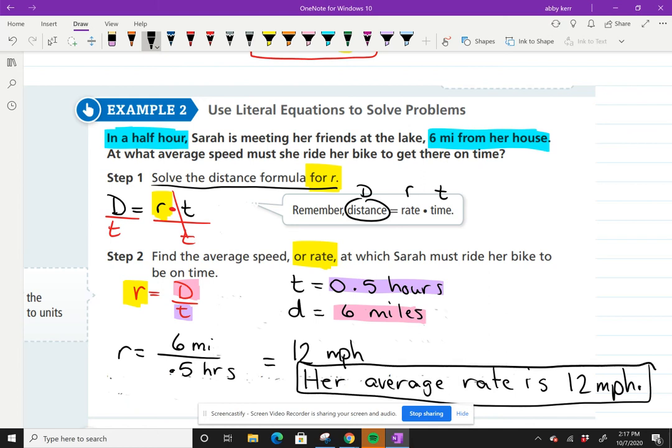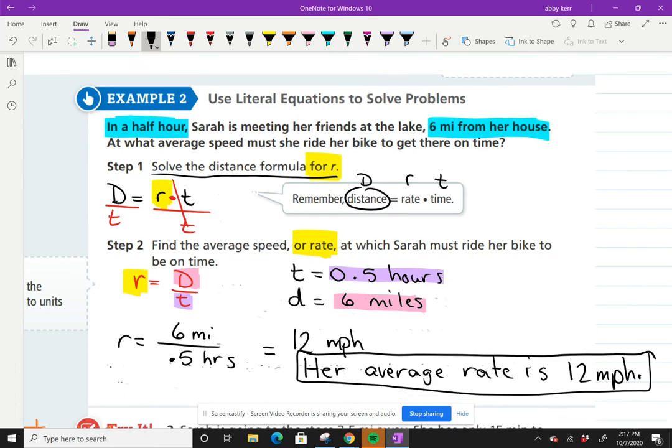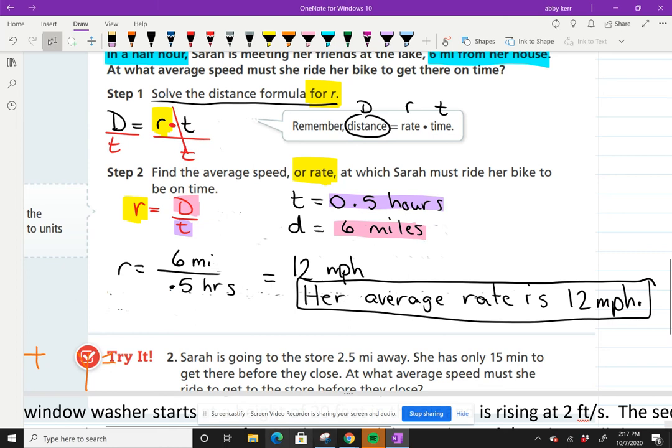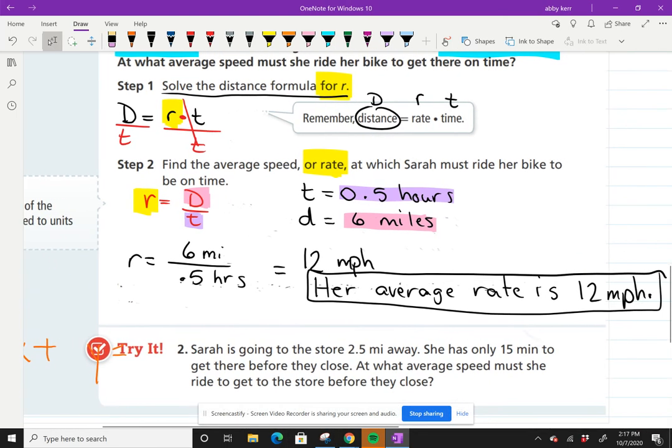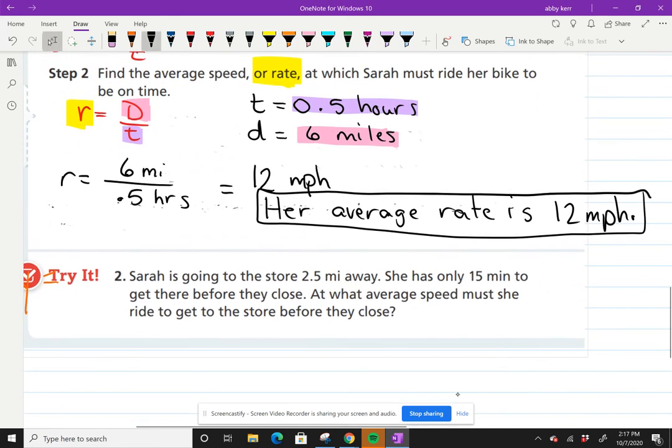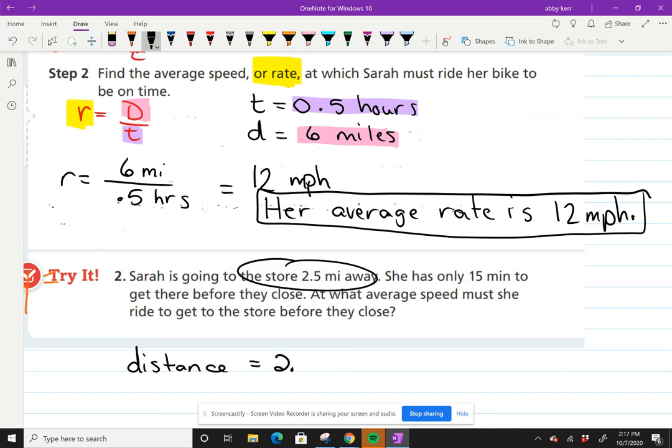Now in your turn, you're going to use the same formula. Sorry guys, there we go. It says Sarah is now going to the store 2.5 miles away. So they're giving us our distance, which is 2.5.